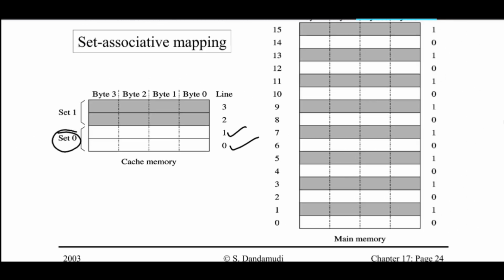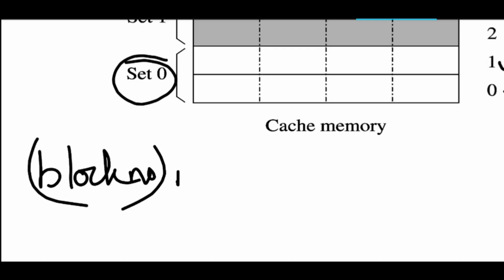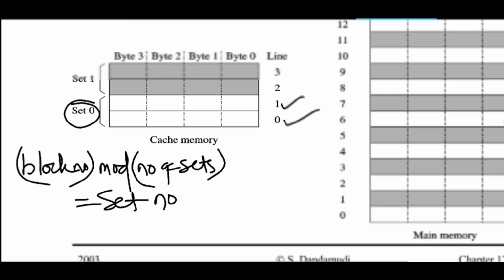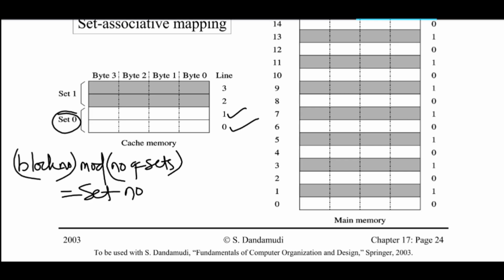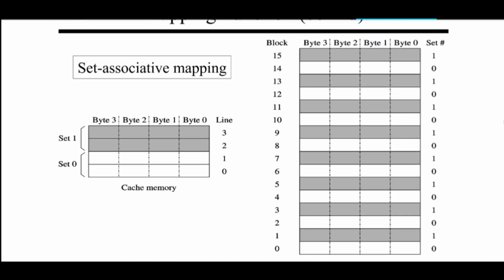How can you find the set number? We just use the modulus function: block number modulus number of sets. What do we find? The set number, in which the block will be mapped. So it's easier to find the set.